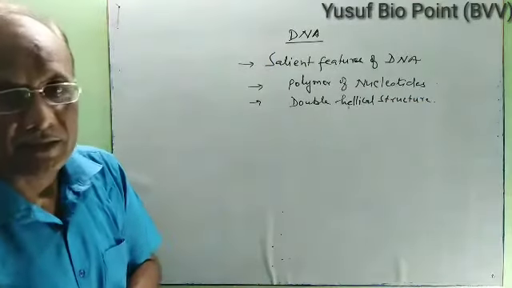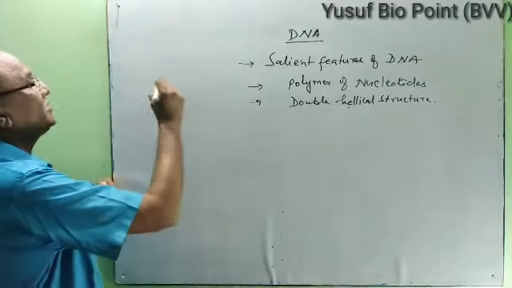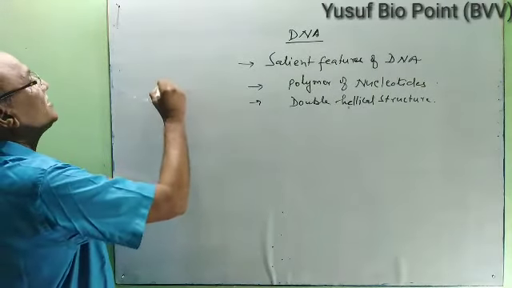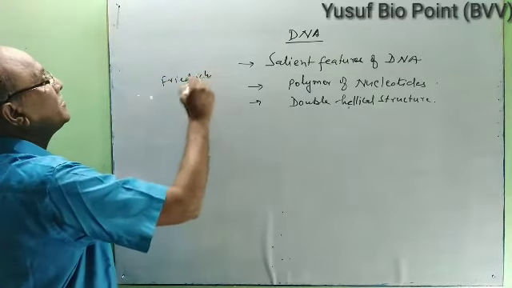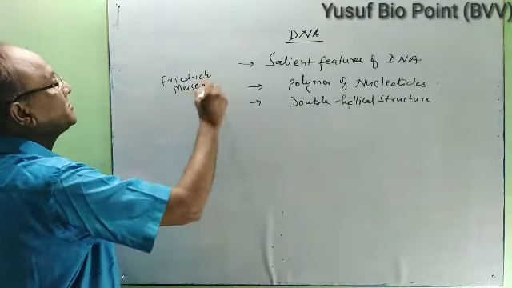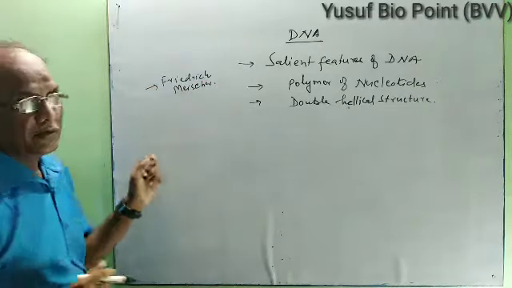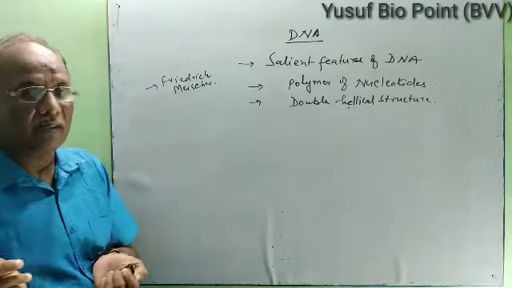Double helical structure, and you already know that nucleic acid was first discovered by Frederick Miescher from the pus cell, and he called it nuclein.